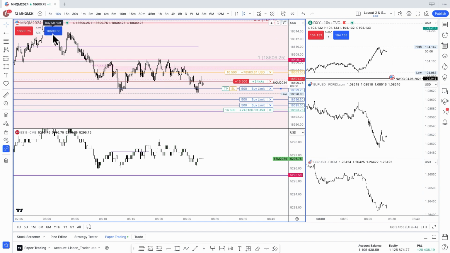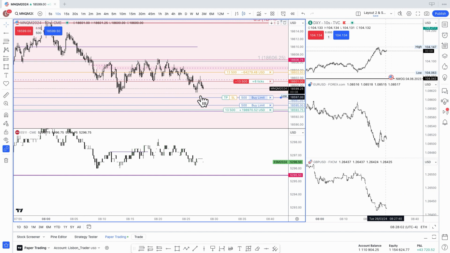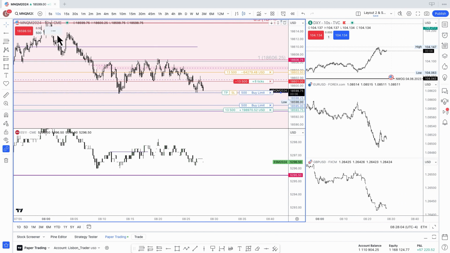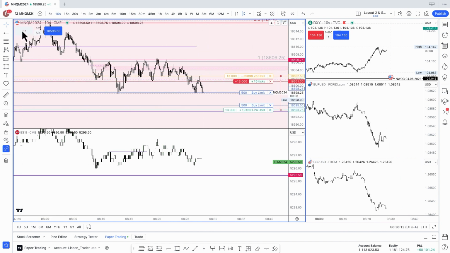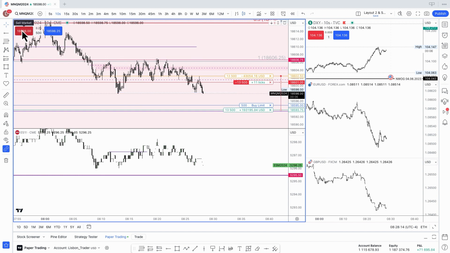Taking profits, reducing stop to 50k. Stop is now at 35. Okay, 50k risk.